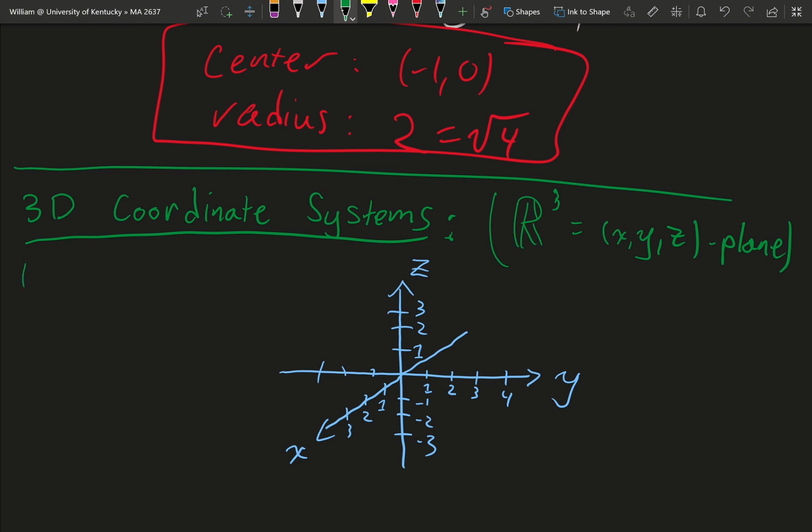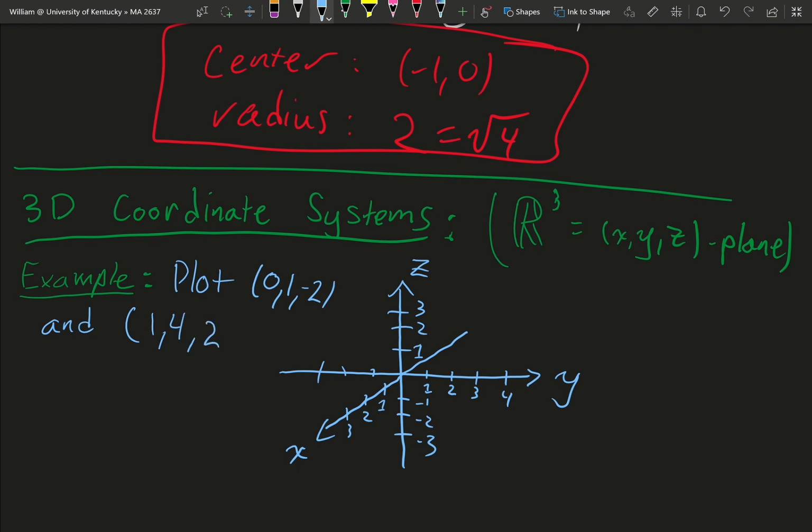And now let's do an example. We want to plot (0, 1, -2) and (1, 4, 2). To make these stand out, I'll use a different color for each.